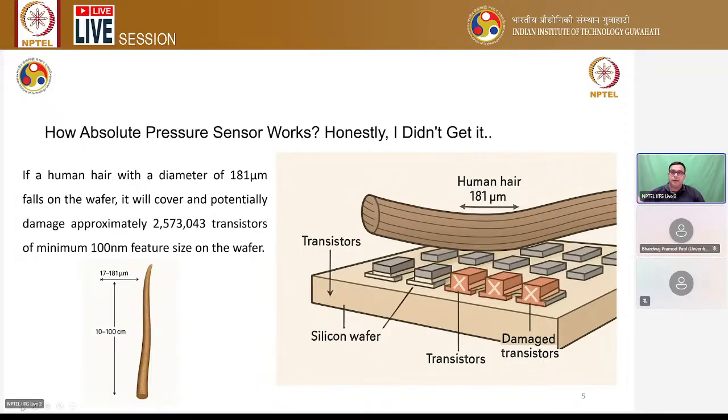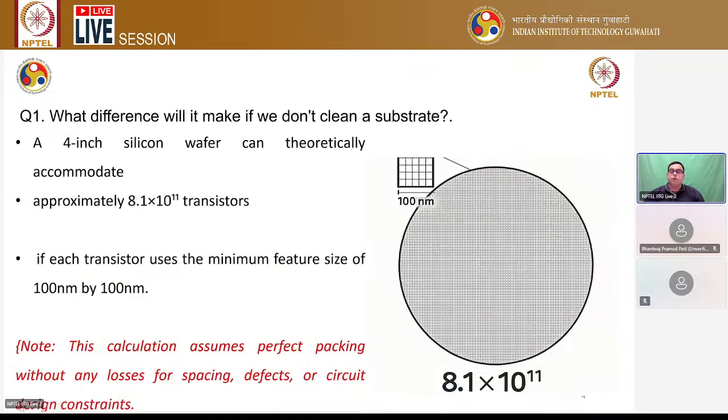And now you can think about the damage caused by, say, a dust particle or other microparticles. So the damage caused is enormous, and that's why you have to clean your wafer.